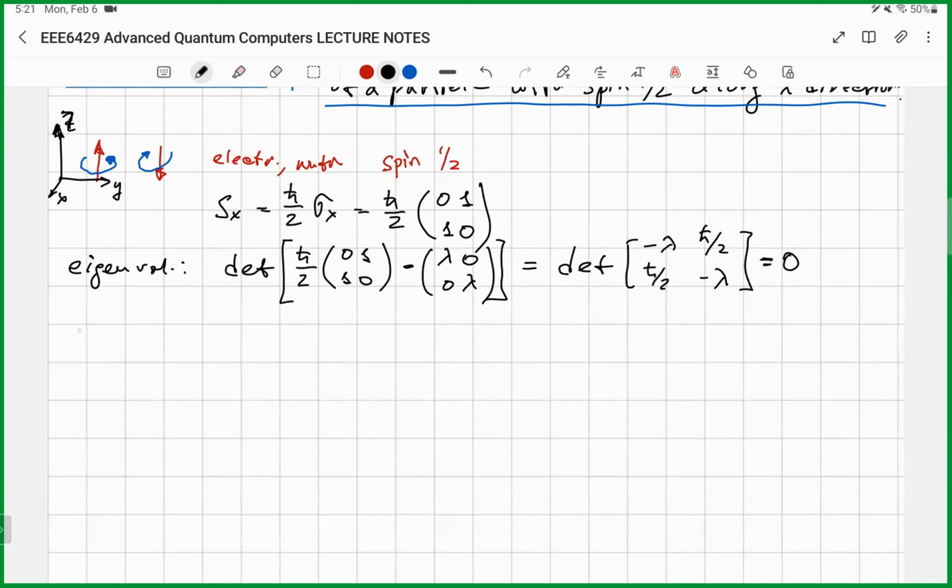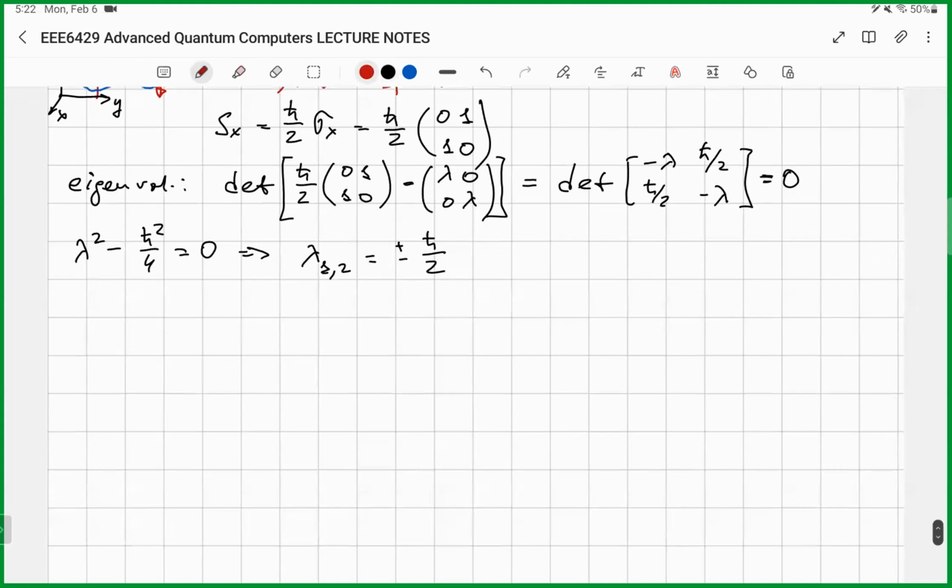So what I get: minus lambda times minus lambda gives me lambda squared, minus h bar squared over 4, equal to 0. From here I conclude that lambda 1, 2 is equal to plus minus h bar over 2.